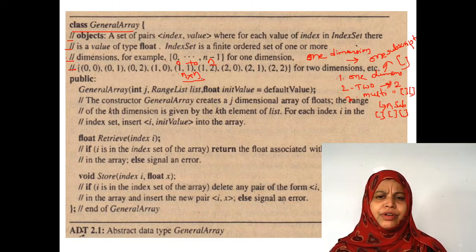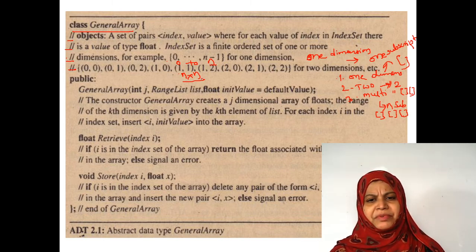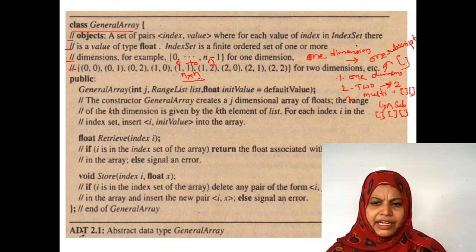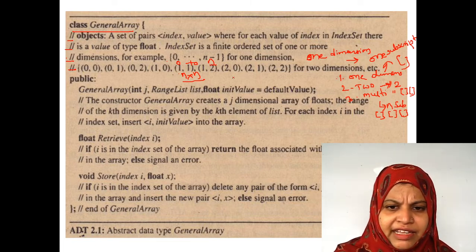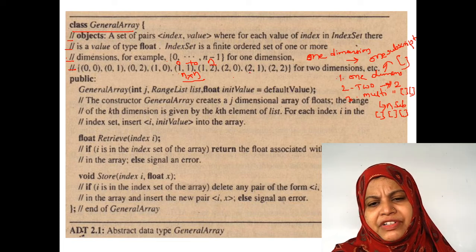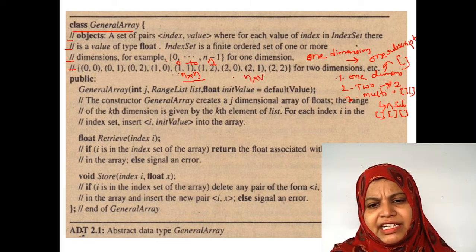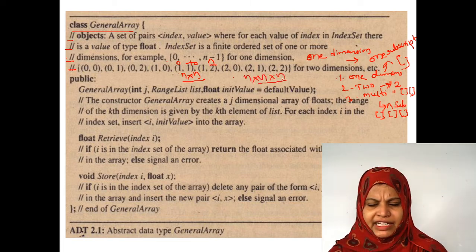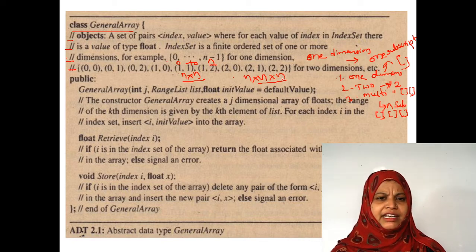If it is 3, 0 1, 0 2, 0 3, in this format all these dimensions will be there. In a multi-dimensional array, if it is a three dimensional array, then n cross n cross n will be there, right?